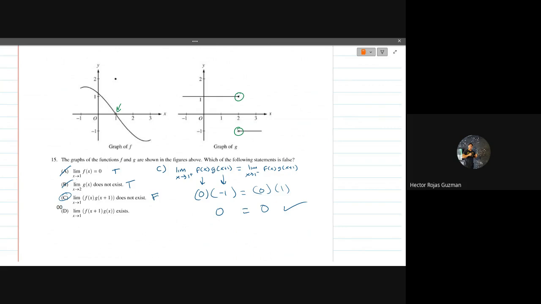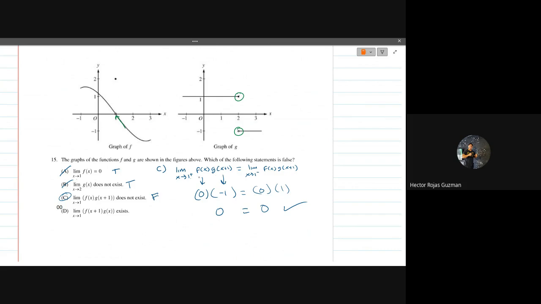So C and D are a little bit tricky, and to be able to answer this correctly, we have to remember that the right-hand limit must equal the left-hand limit, which is what I'm doing right here. So if I take the limit as x approaches 1 for f of x from the right side, you can see that it's 0.